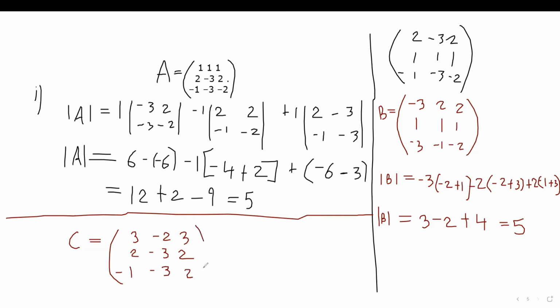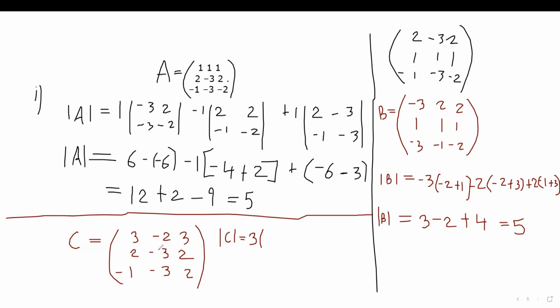Now we need to find the determinant of matrix C. The determinant of matrix C is going to be 3 times, we're just going to do it in one step. Cross out the row and the column with 3 in. We're going to cross out this and this. That's the row and the column 3 is in.